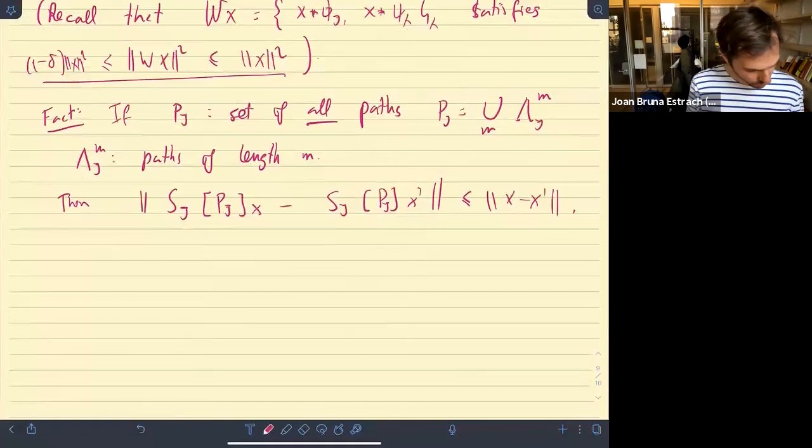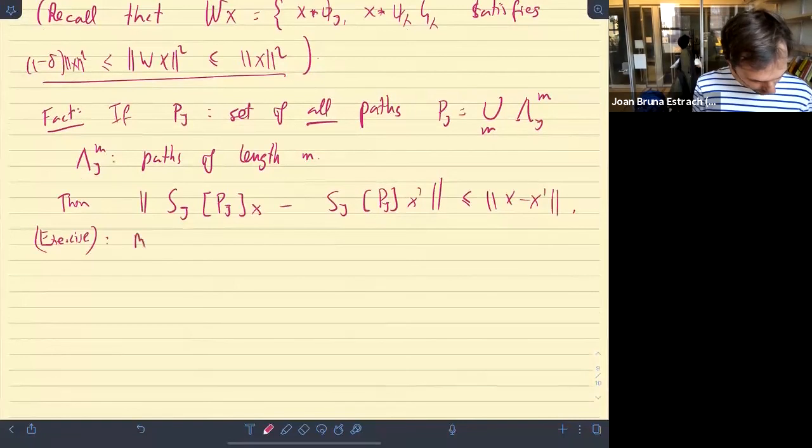And to show this, the main tool used is a little bit better.